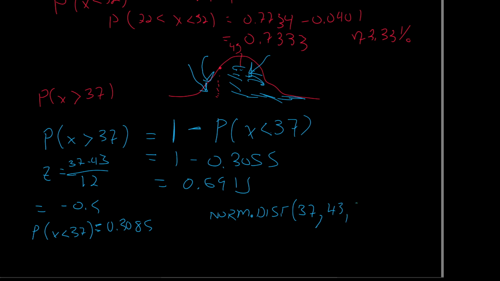Then the standard deviation. And then we want it to be cumulative. So the cumulative will be true. And this will give me everything up to 37. And so what I want to do when I do that formula is 1 minus. And we'll play with this more in technology, but our technology gives us the ability to calculate this for us.